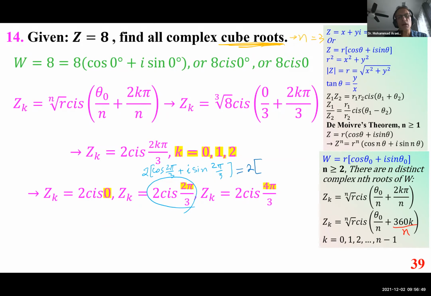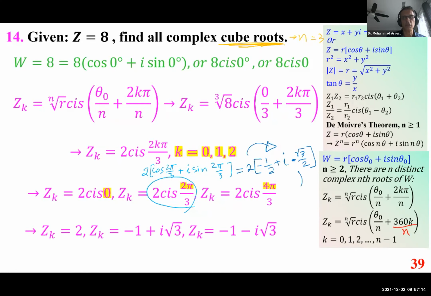Cosine of pi over 3 is 1/2, and in the second quadrant cosine is negative. Plus i times, now 2 pi over 3 is the same as pi over 3, sine is positive, square root of 3 over 2. Now apply the 2, and the denominator goes away. I want you to see this one here, and I'm going to leave you the last one to do on your own, convince yourself it's this one.